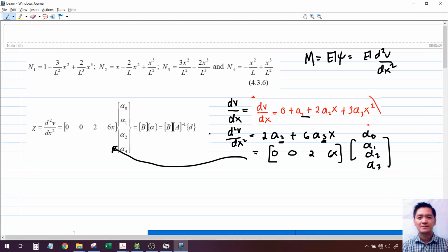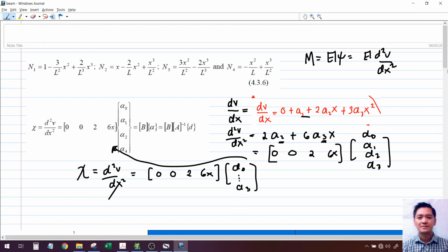And that is what we call your B matrix. So the curvature, so gantin ko na lang yung symbol, gayahin natin dito, or the d squared v over dx squared is equal to 0, 0, 2, 6x. And then the alpha matrix, alpha naught to alpha 3. So this is, what is alpha nga?